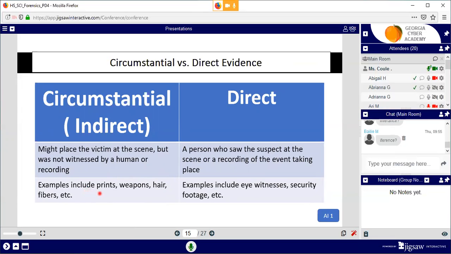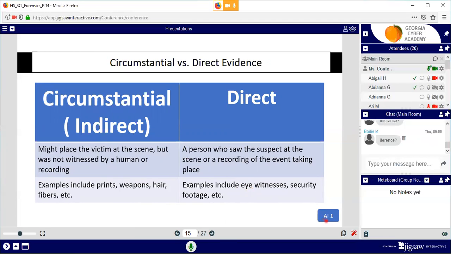Prints, weapons, hair, fibers, DNA, anything that you can find that's kind of like physical evidence that could help draw an inference, okay? And then a direct evidence is a person who actually saw the suspect at the scene or a recording, all right? So we can talk about security footage, eyewitnesses, things like that for direct evidence.